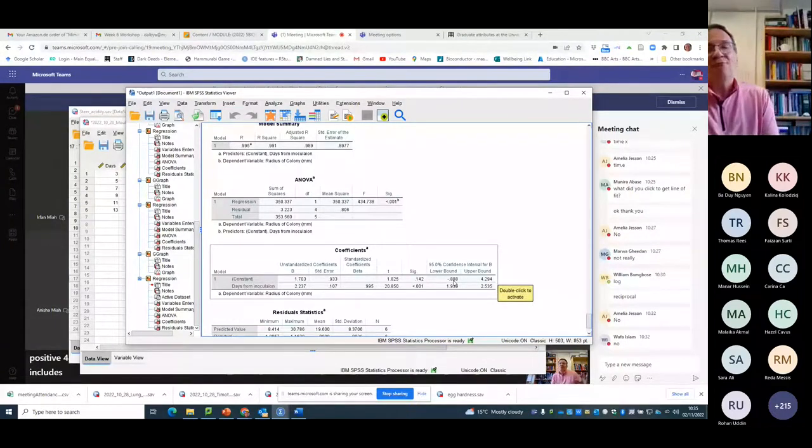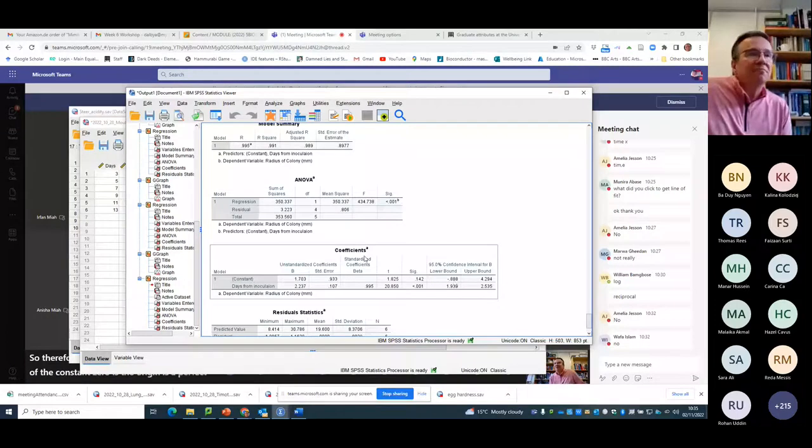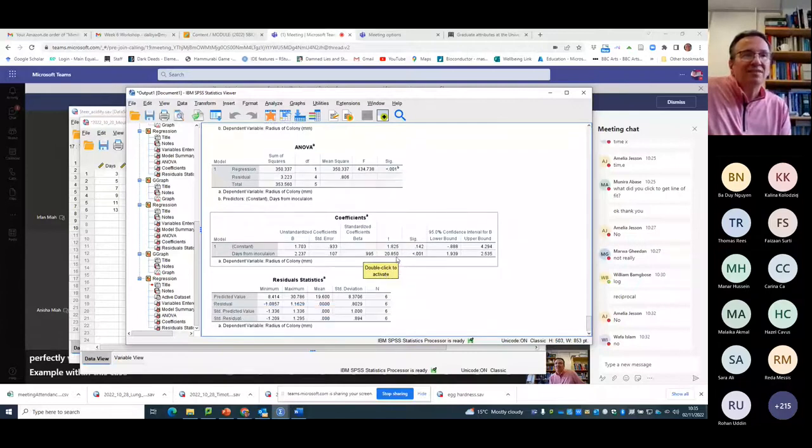So therefore, there is not a significant value of the constant. 0 is the origin, a perfectly valid value within this case, and that makes sense. On day 0, the radius of the colony is 0 because it hasn't grown yet.